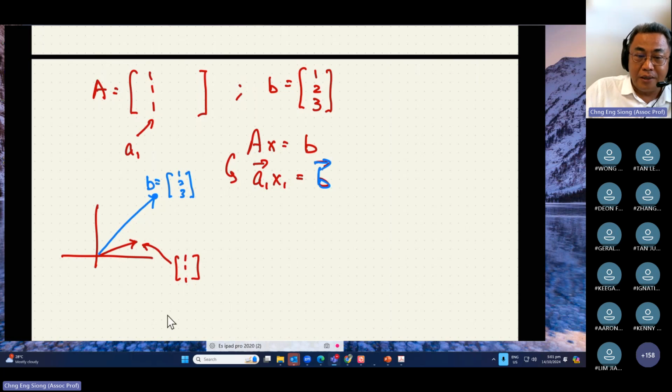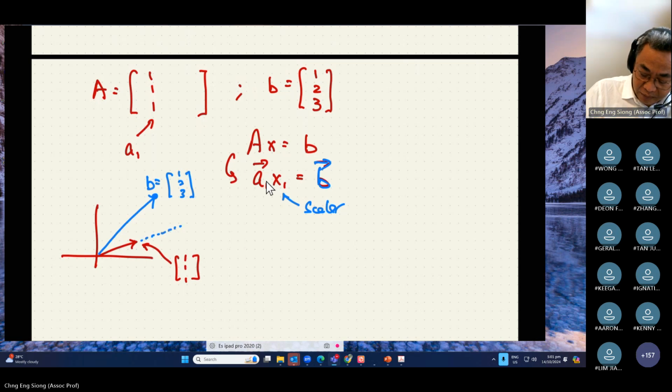I'm talking about this abstractly. x1 is a scalar. So what can a scalar do to a vector, guys? It can multiply by a positive number and land up here, making it bigger. It can multiply by a negative number and land up here at the back. So positive x, I will extend it this way, negative x, I will extend it backwards.